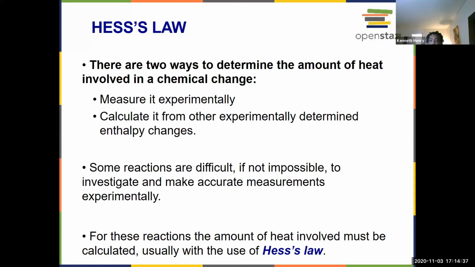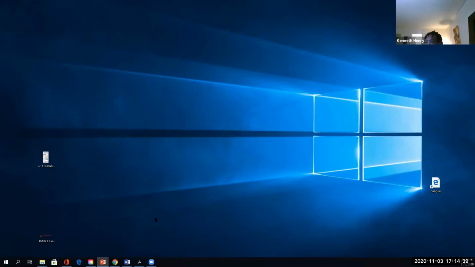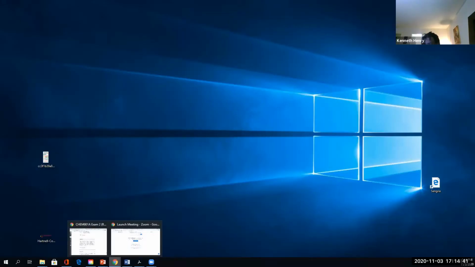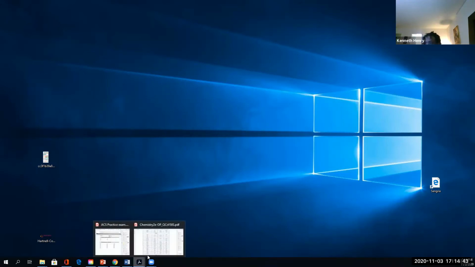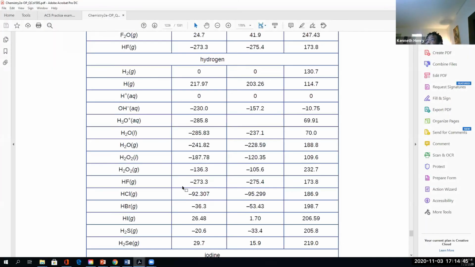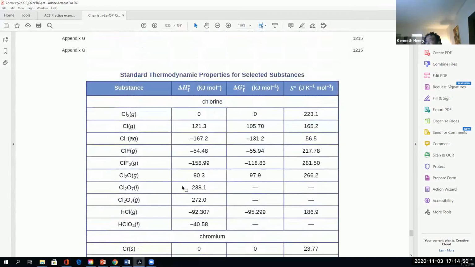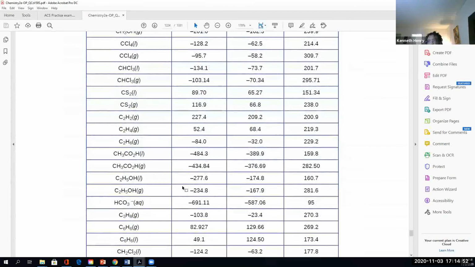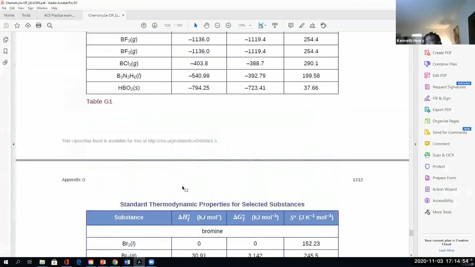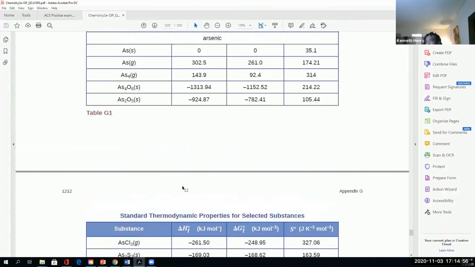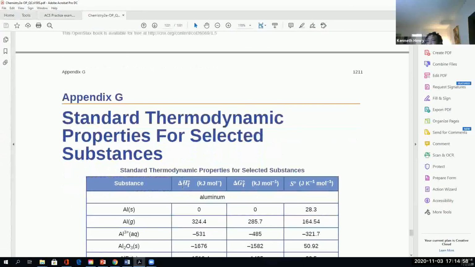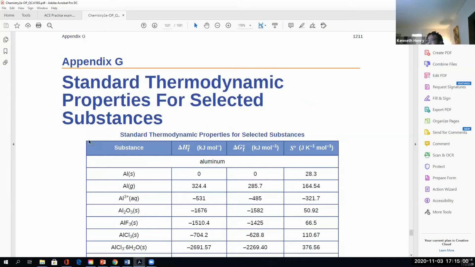If you take a look in your textbook, in appendix G, you have your delta H of formation.